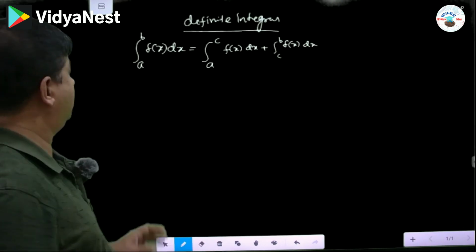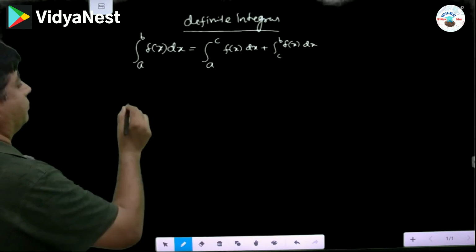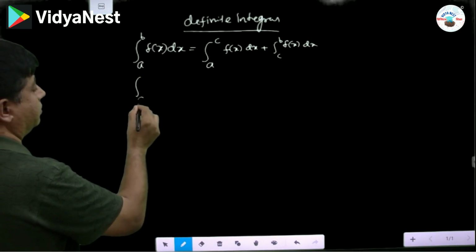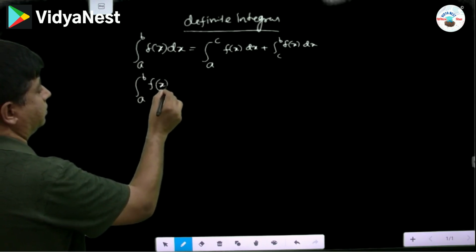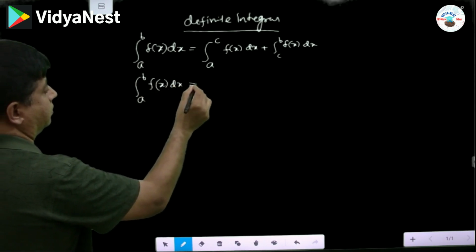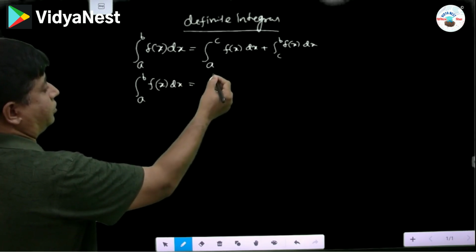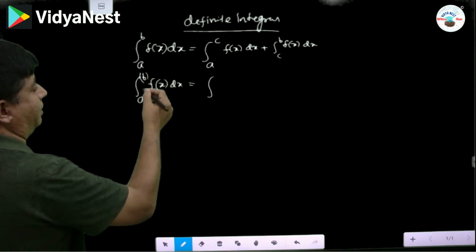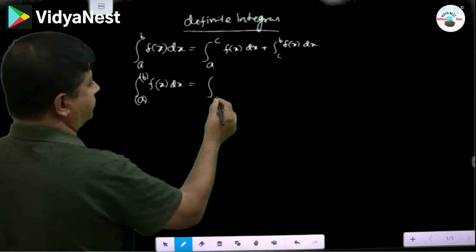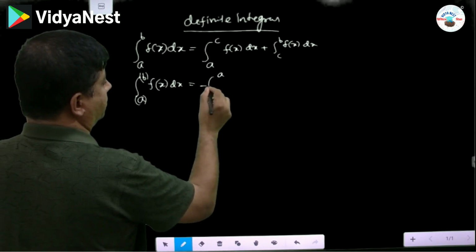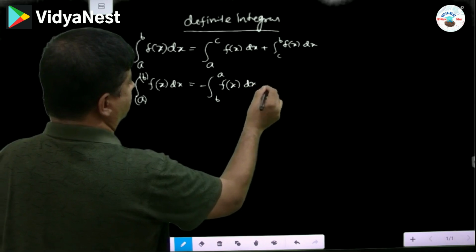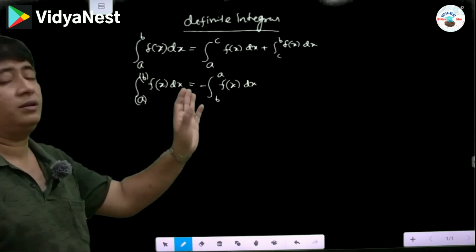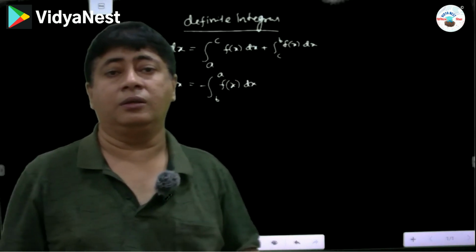We have gone through this property. We have gone through this property also. If you exchange the lower and upper limit, then there will be a minus sign, brought outside.